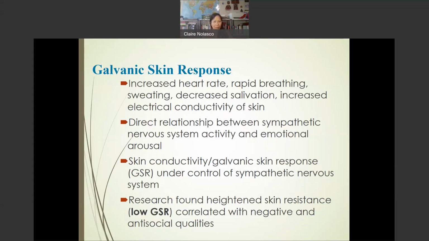In a normal person, all of this would be at normal levels, meaning that you would show all of these galvanic skin responses. But in antisocial criminals or individuals who have negative traits, they have low galvanic skin response, meaning that in response to external negative stimuli, they don't show any of these skin responses.